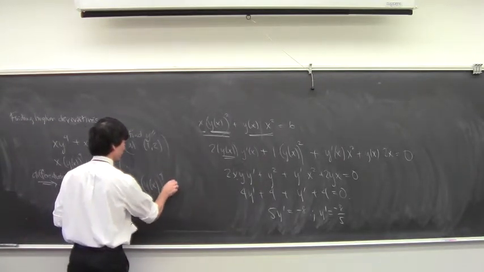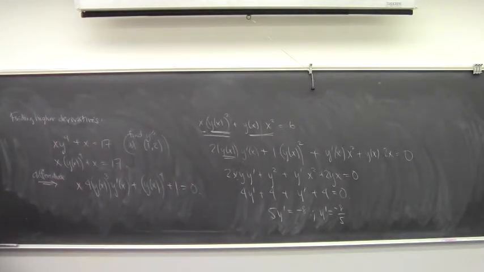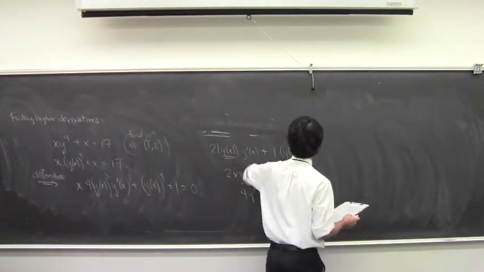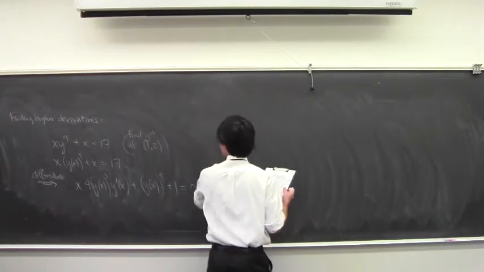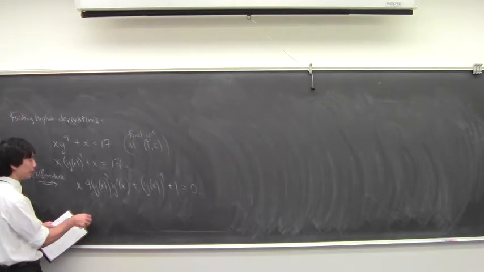Differentiate this x, I get 1. Differentiate the 17, I get 0. Okay. And so I can calculate for y prime.